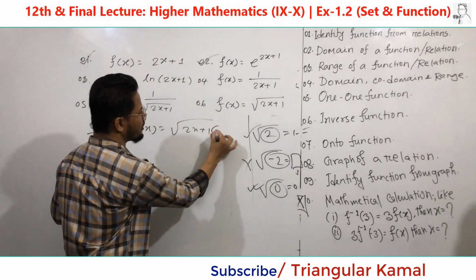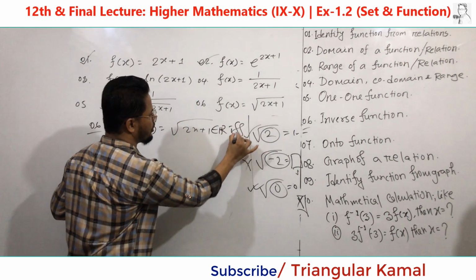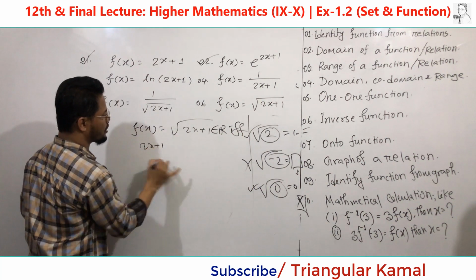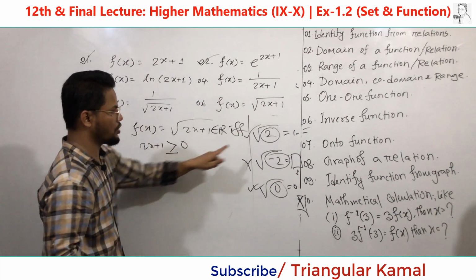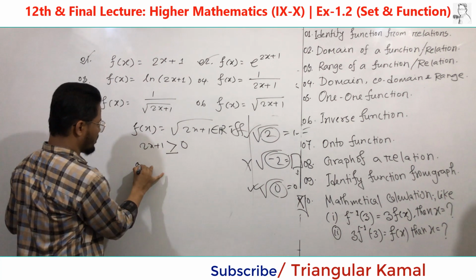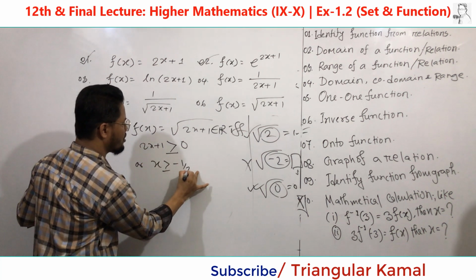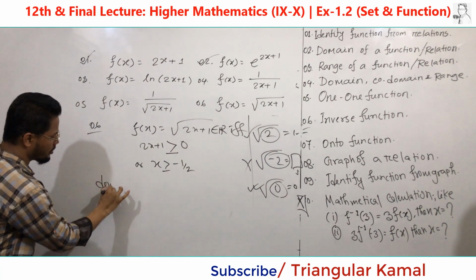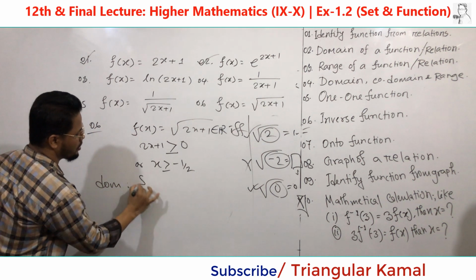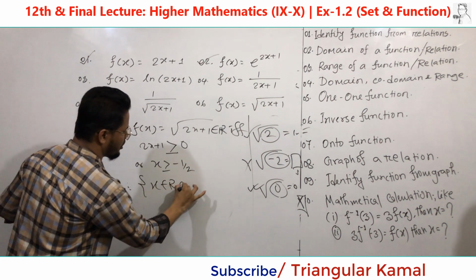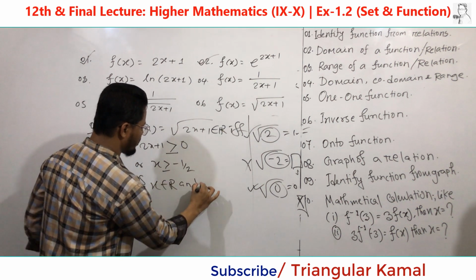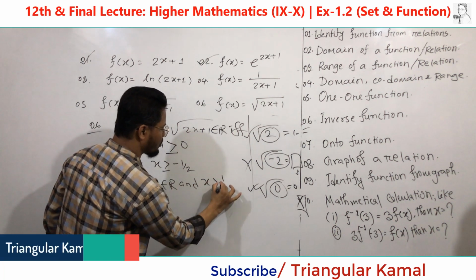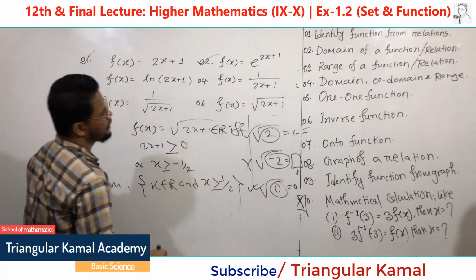So we can write that this belongs to R if and only if 2x plus 1 is greater than or equal to 0, then the domain will be: dom f equals the set of all real numbers x such that x is greater than or equal to minus half.